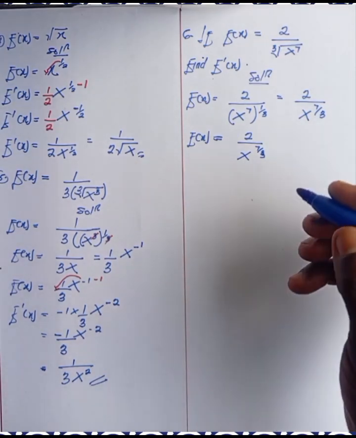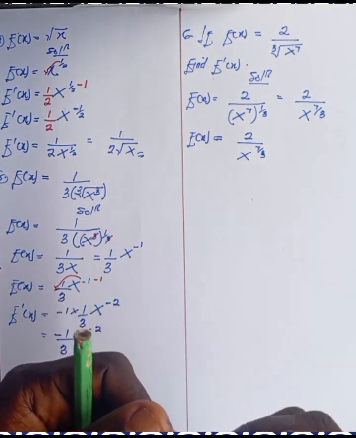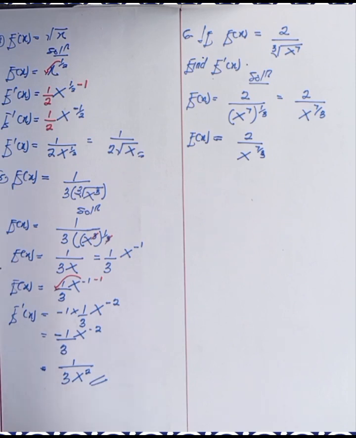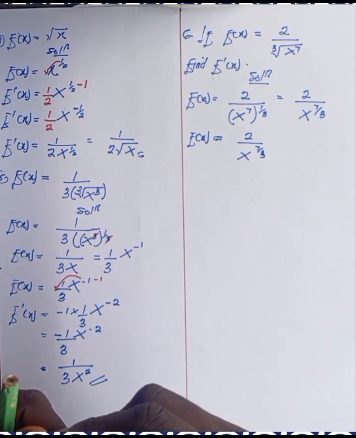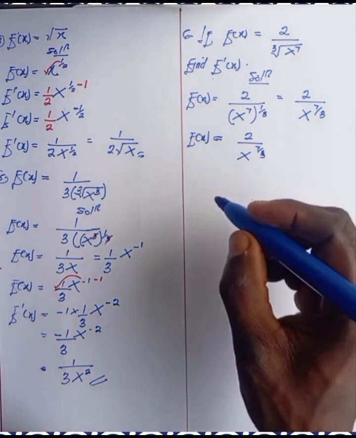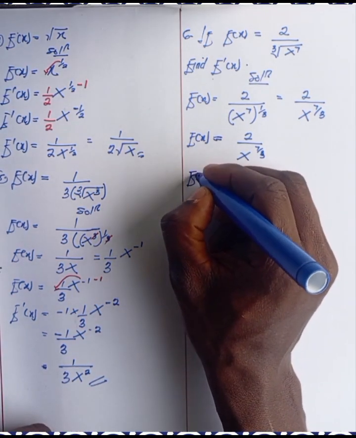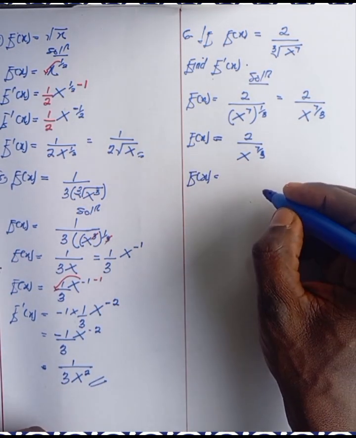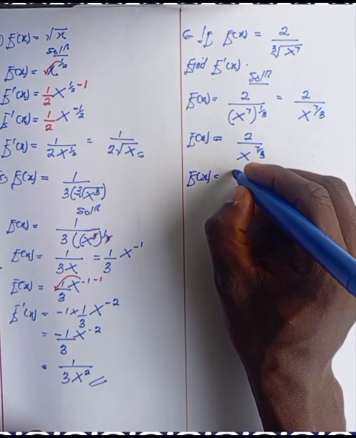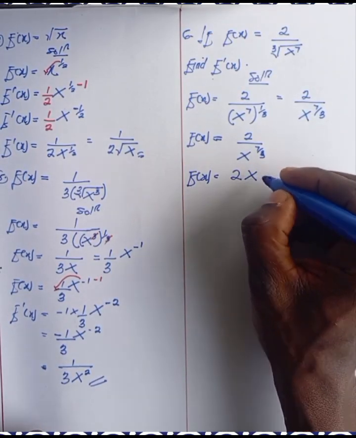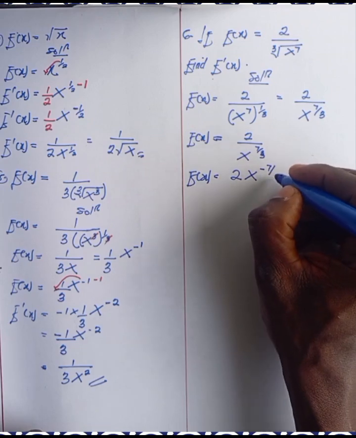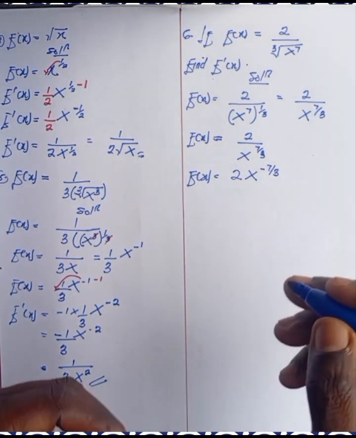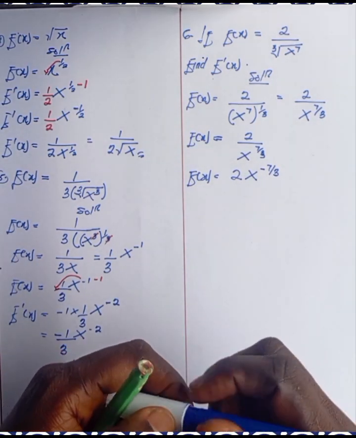Now, before we can apply the power rule, we have to convert this into index form. So we can rewrite this function in the form 2x exponent negative 7 over 3. From here, we can apply the power rule.